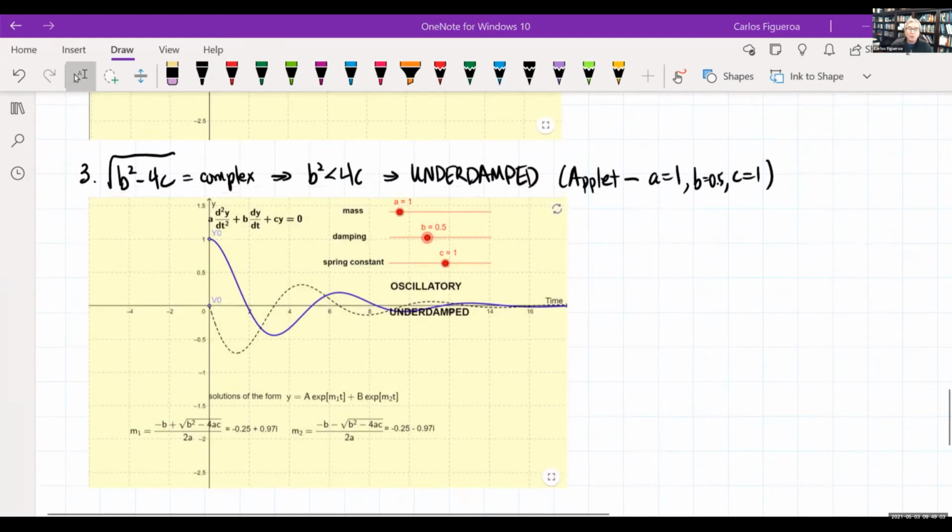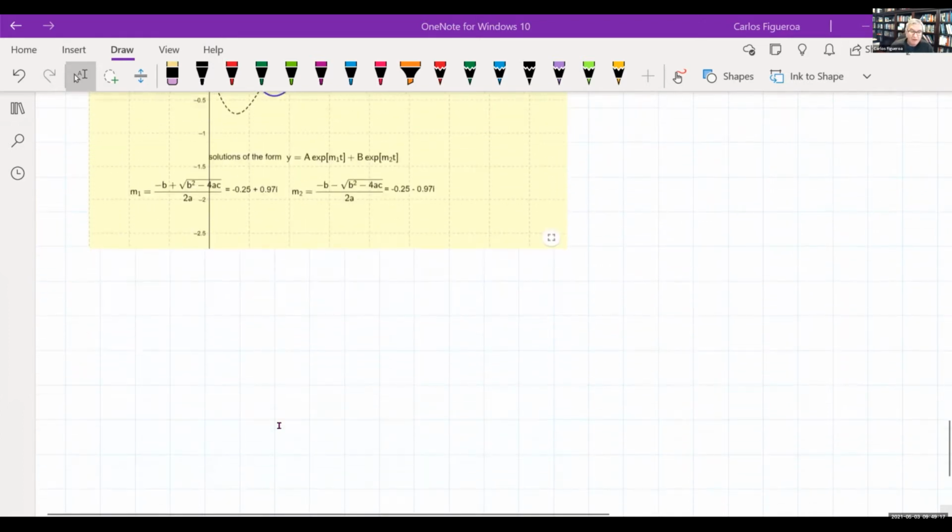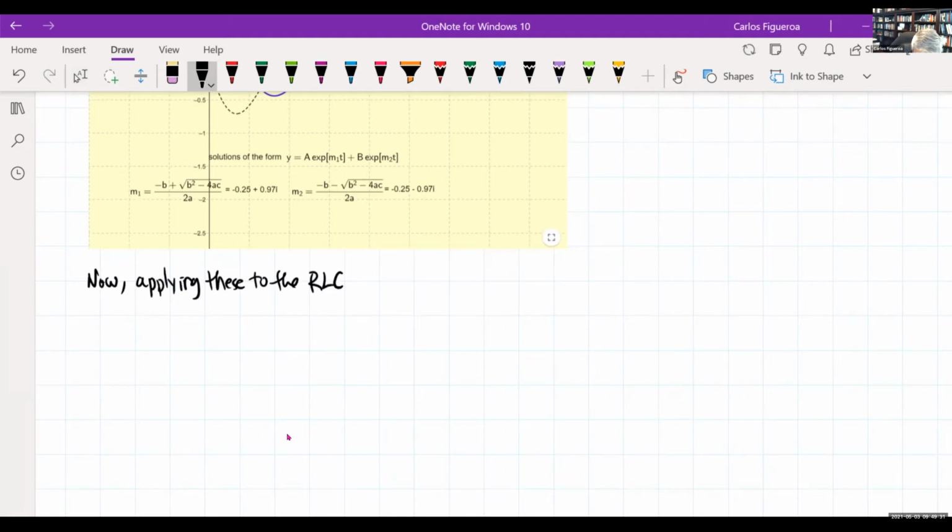So when we're looking at these oscillations, you could see that there are 3 possible oscillations. And what I started saying here is that what's special about this is that now applying these to the RLC circuit, we then have 2 cases as well.